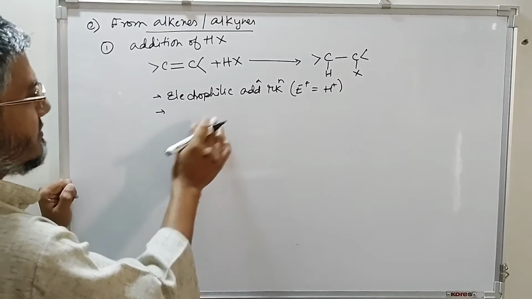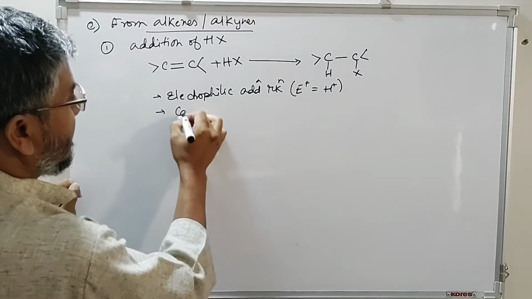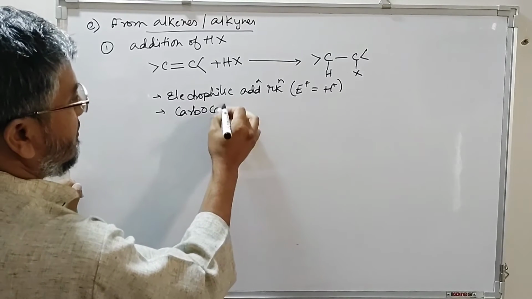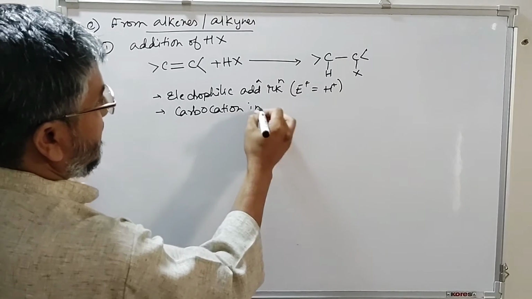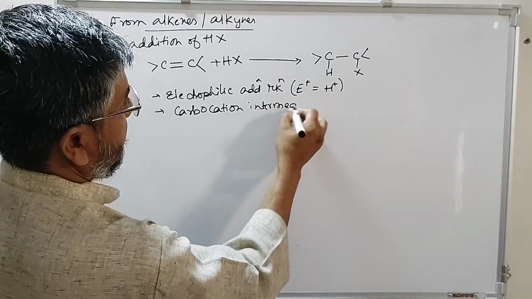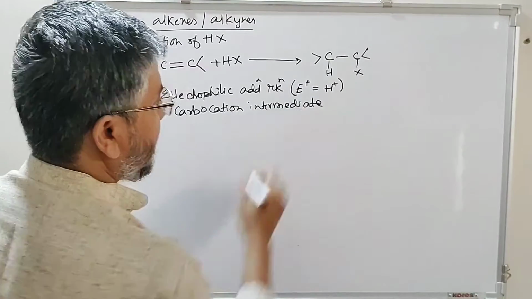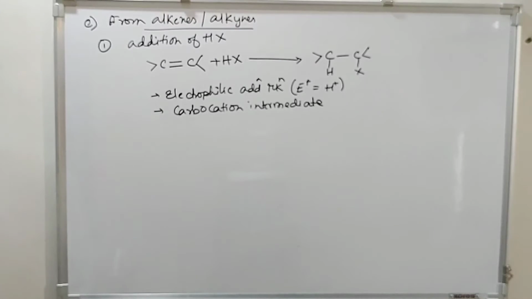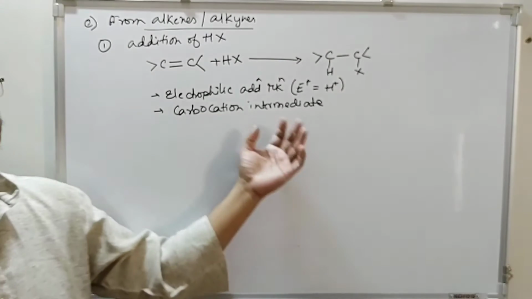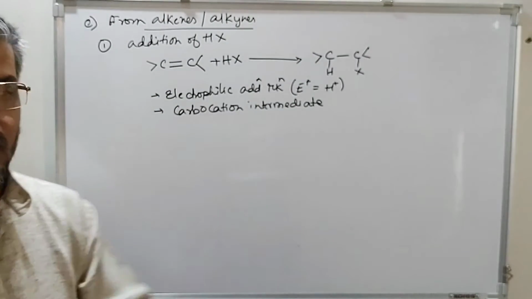Second, this reaction proceeds through carbocation intermediate formation. Whenever there is formation of carbocation, there are chances for rearranged product formation.